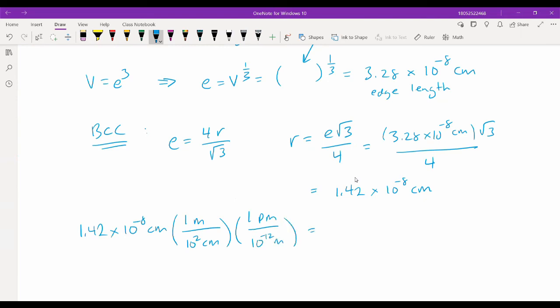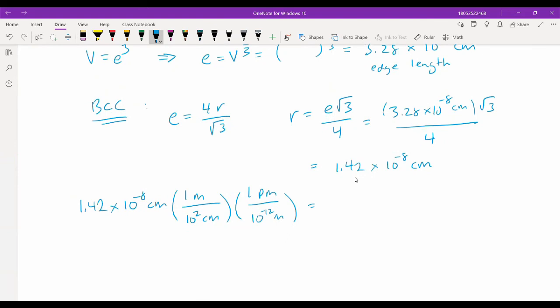So you can set up these ratios however you want. Another way would be to set up 10 to the 12th picometers for 1 meter, right? That's the same thing in the end. And this would give us 142 picometers for our radius.